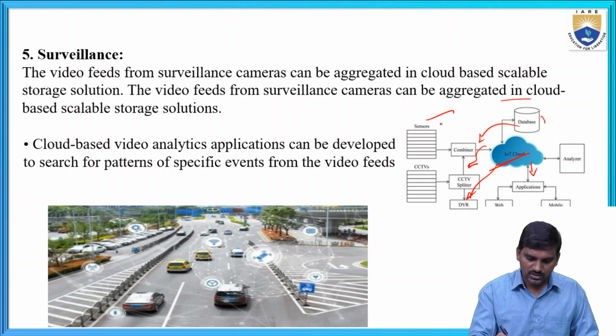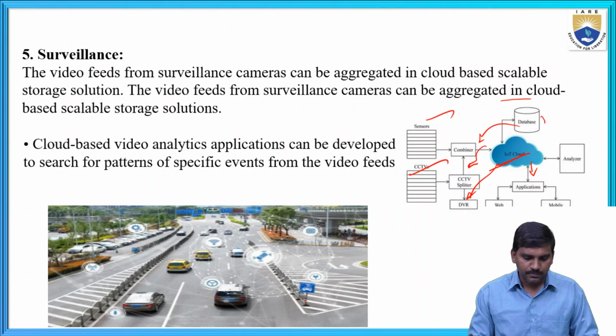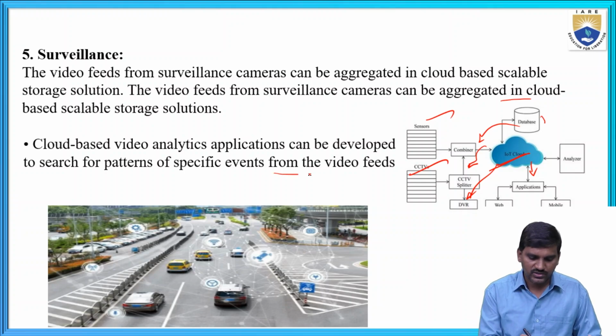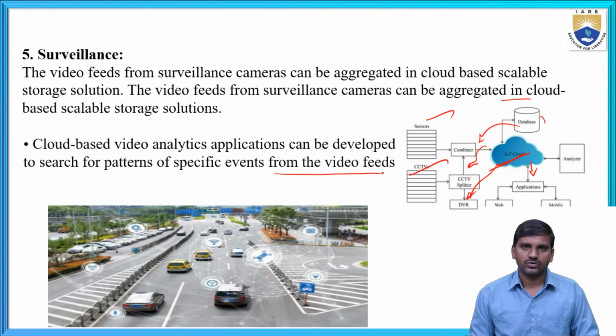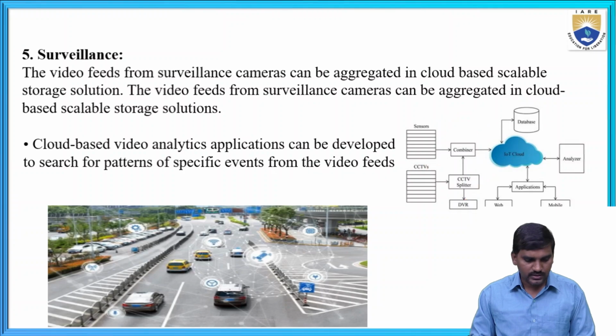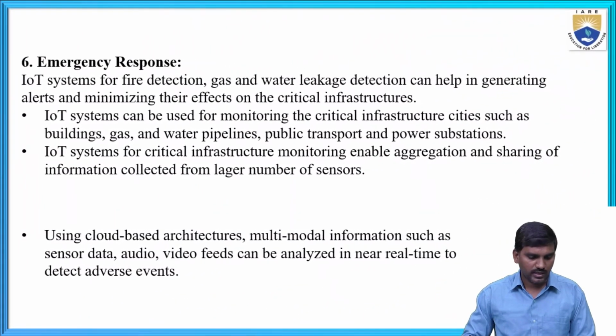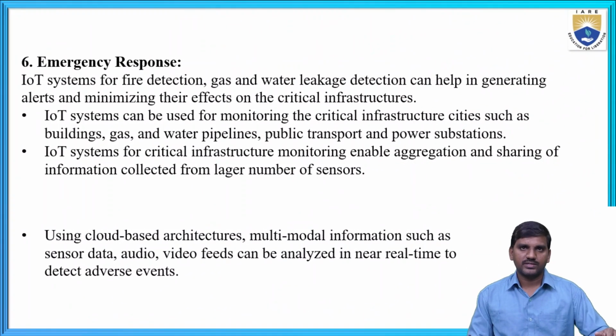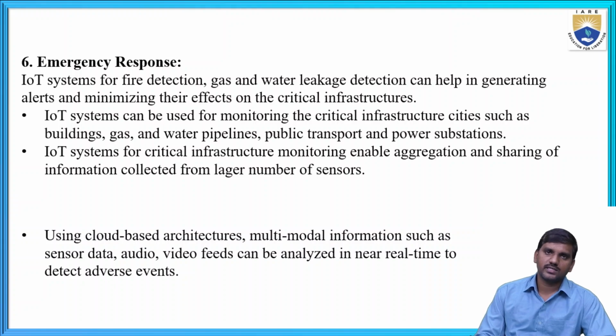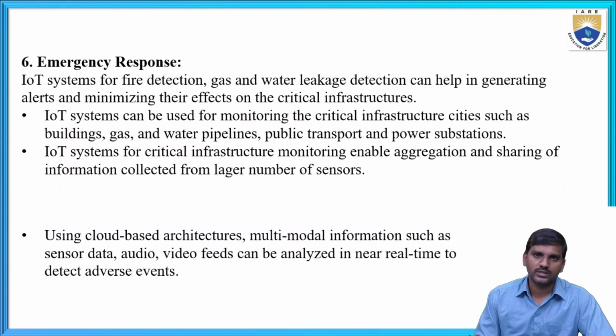So from the sensors data, CCTV data analysis. So this is the cloud-based video analytics. Applications can be developed to search for patterns of specific events from the video feeds. So this is the surveillance, and the emergency response. Here it can be used in terms of medical IoT systems for fire detection.